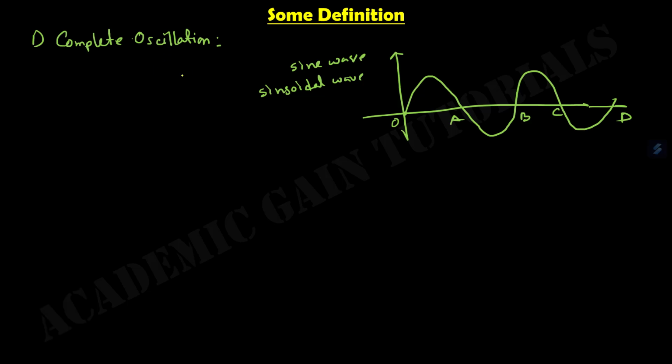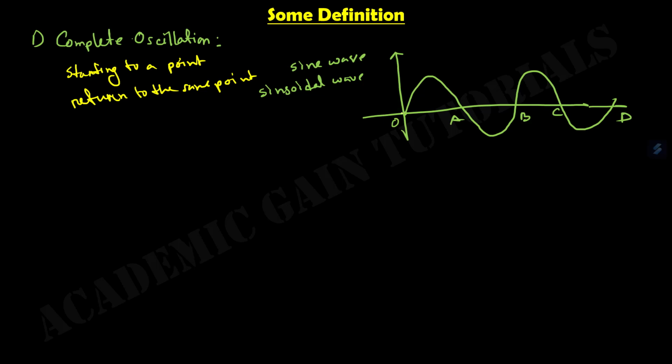An oscillation is complete if the object starting from a point returns to the same point. Then we can say this whole oscillation is known as a complete oscillation.